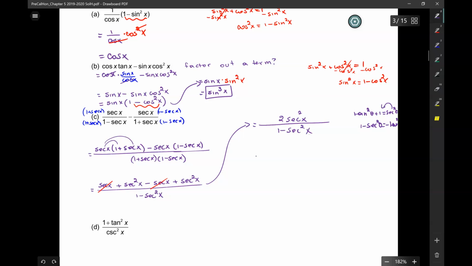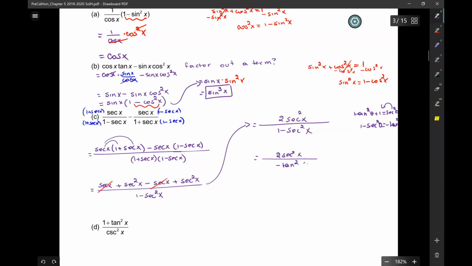So this is going to be 2 secant squared theta over negative tangent squared theta x.